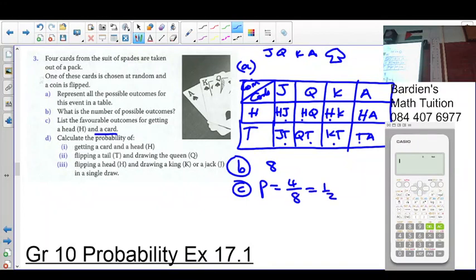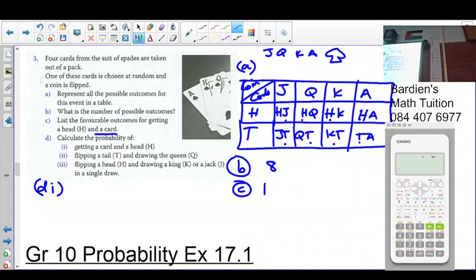Oh. Let's look at D. Okay, C says list the favorable outcomes of getting a heads. I made a mistake here. This is actually calculating probability. So list the favorable outcomes of getting a heads.